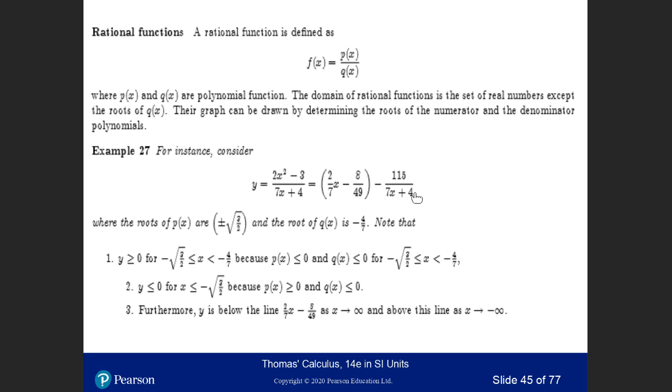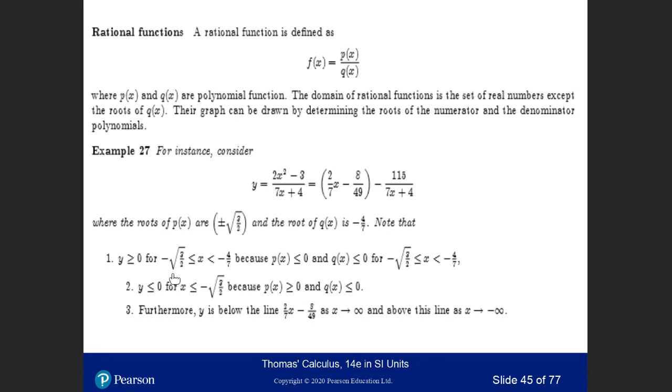Now you can see from here that the roots of p of x, that's the numerator polynomial, are plus or minus square root of 3 over 2. And the root of q of x, which only has one root, is minus 4 over 7. Now you can just see this very easily.